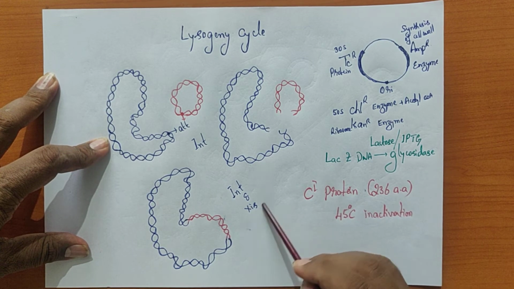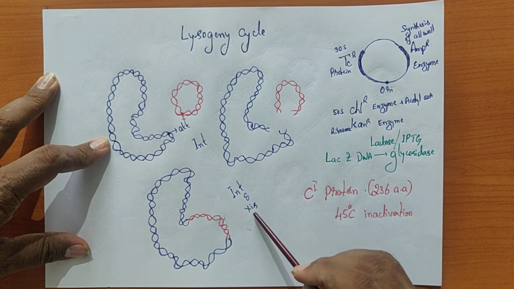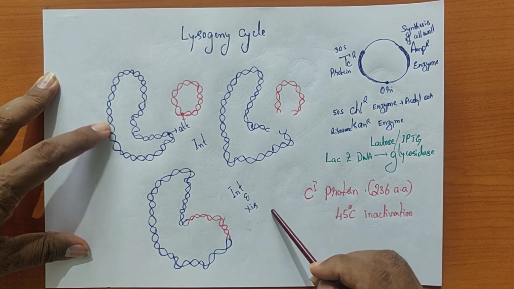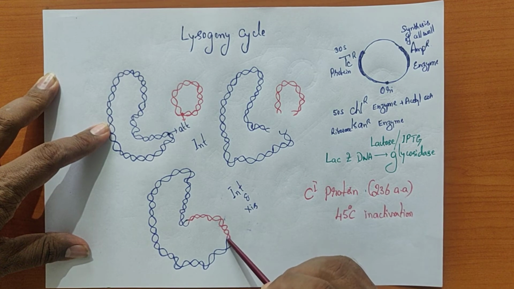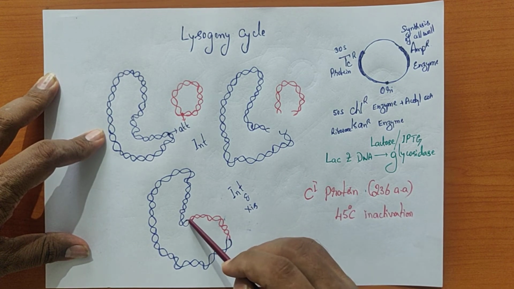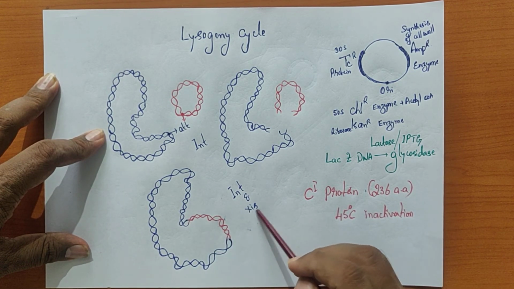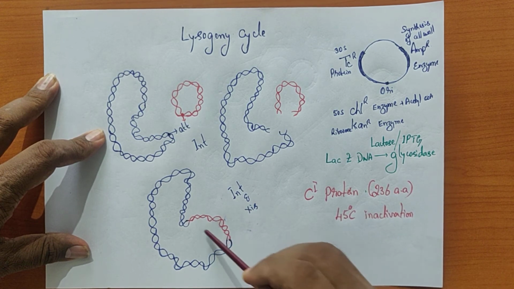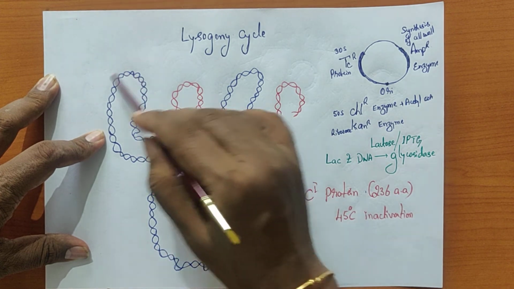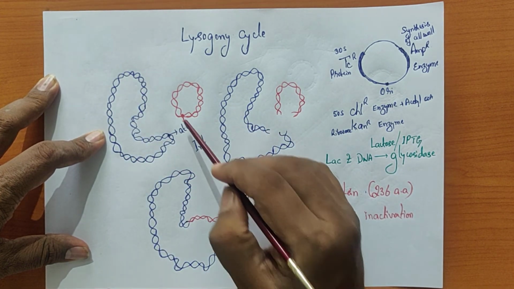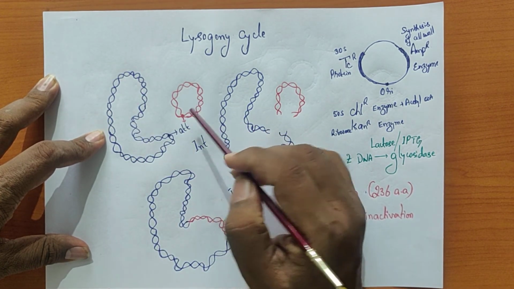Another additional gene, XIS, is going to be synthesized in large number. What this XIS does is that there is an ATT site here and another ATT site here. So now this XIS joins these two ATT sites. We are going to get the original genomic DNA and excise the lambda DNA.